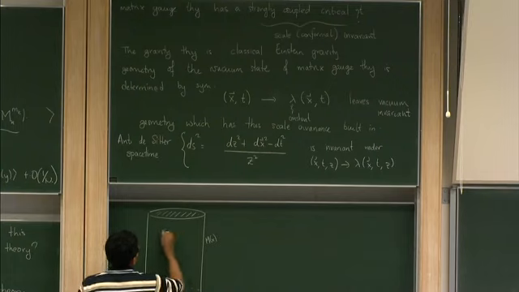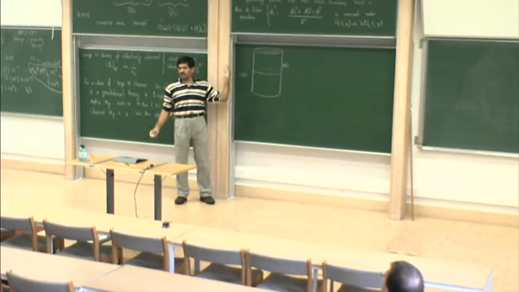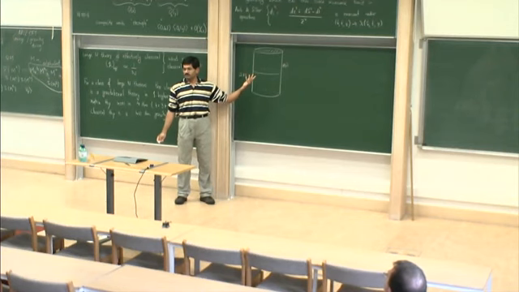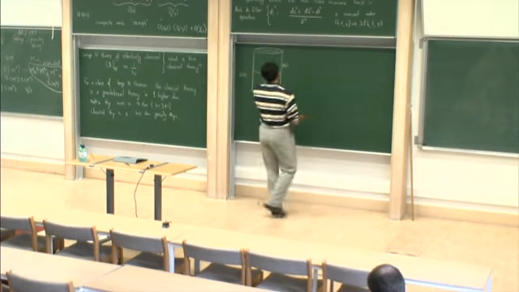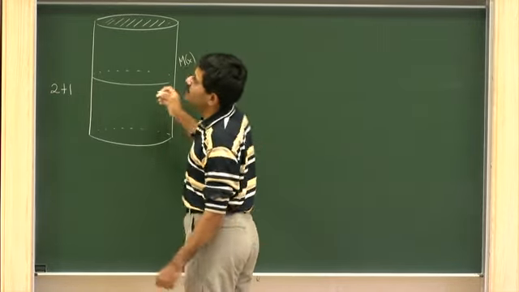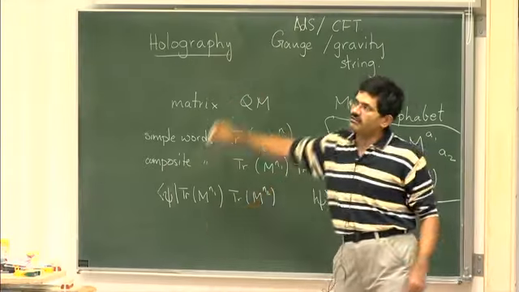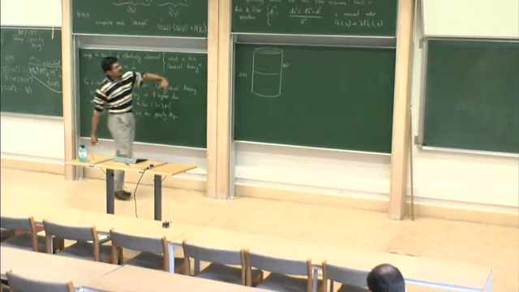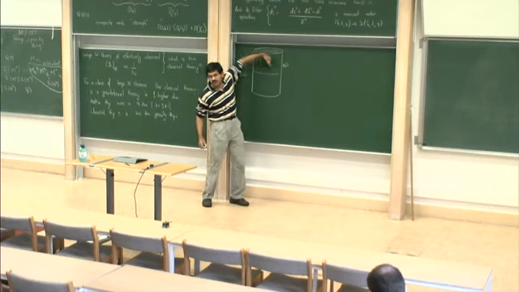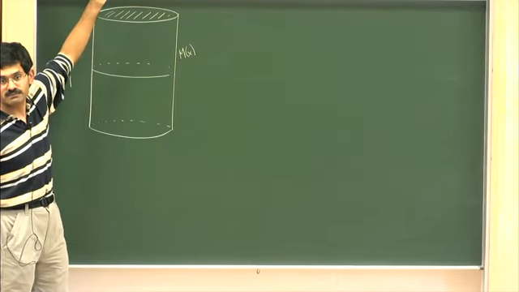So gravity propagates inside the disk, and we have our field theory living on the outer boundary of the disk. This is one of the reasons why this correspondence is said to be holographic: we have stuff living on the boundary being described by dynamics that's happening inside, or vice versa.